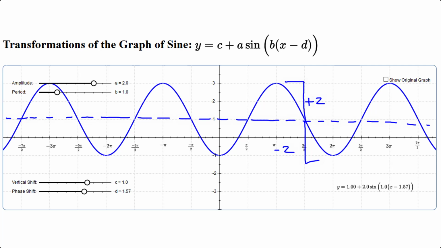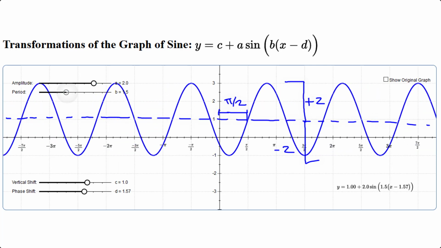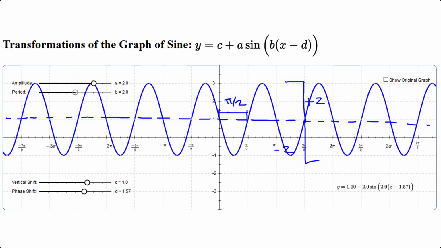And I have a phase shift, which means my starting point right here is moved over pi over 2 units. Likewise, if I had a period change as well, if the period was 2, for instance, then I would need to make sure I completed 2 full cycles by the time I got to 2 pi more than my phase shift. So things can get complicated, but at least if you use the formula the way it's presented here, with the phase shift and period change factored out, these things work independently, and it makes things a little bit easier.